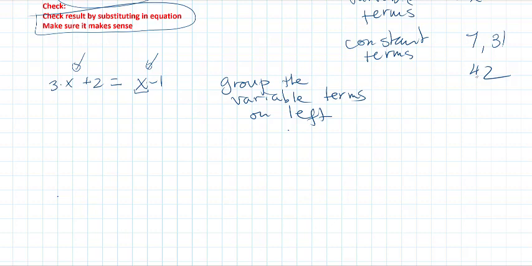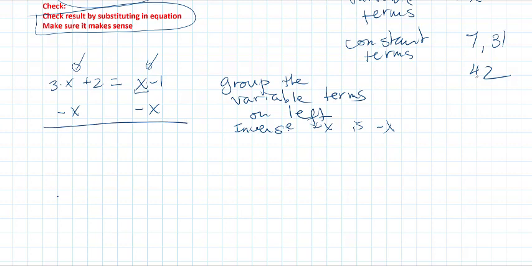And so let's use the inverse operation. The inverse of plus x is minus x. So we will use the minus x, which will mean we'll use the subtraction property of equality in order to group the variable terms. So let's subtract x from both sides.